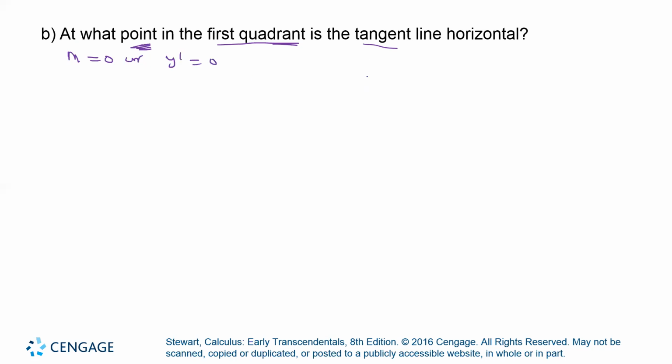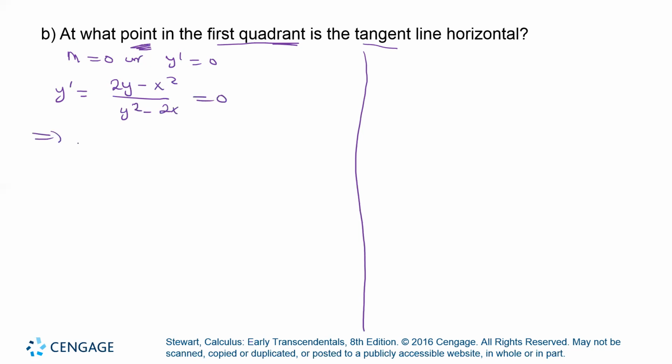So we take that y prime, which is 2y minus x squared divided by y squared minus 2x. Now to set this to 0, cross multiplying, you have 2y minus x squared equal to 0.